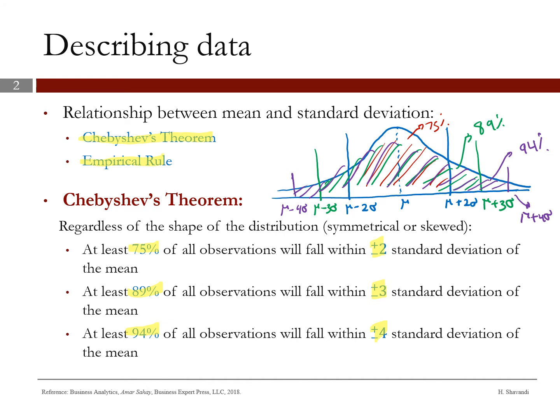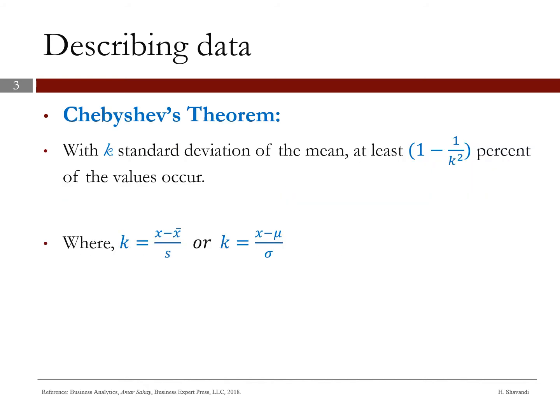Okay, so one more time, we can apply Chebyshev's theorem for any distribution. It doesn't matter if it's symmetrical or skewed. Regardless of the shape of the distribution, we can apply Chebyshev's theorem. Here we have the general definition of Chebyshev's theorem: with k standard deviations of the mean, at least 1 minus 1 over k square of the values are here.